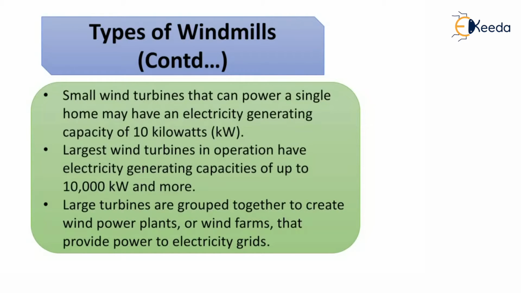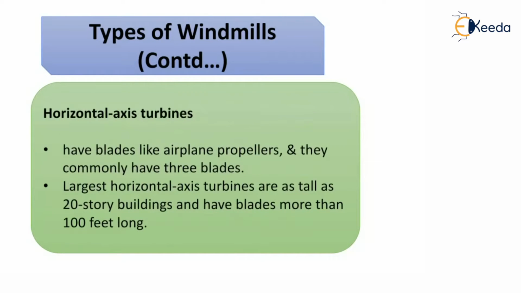The largest wind turbines in operation have an electricity generating capacity of up to 10,000 kilowatts and more. These large turbines are grouped together to create a wind power plant or a wind farm that provides power to the electricity grid.